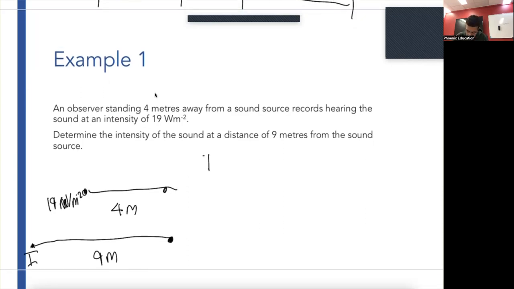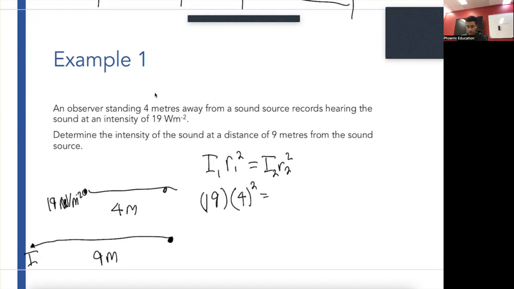We know from the formula that I1 R1 squared equals I2 R2 squared. For the first case, we already know both the intensity and the distance, so we can plug that into I1: the intensity of 19 and the distance of 4.